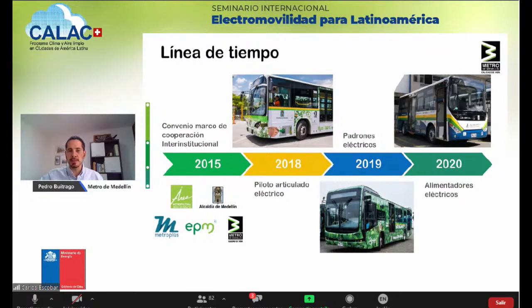The municipality of Medellin decided to continue supporting transformation of the public system, and at the end of 2018, they began a process with public funds, once again, to buy 64 electric standard buses and the implementation of a new corridor or a new line of BRTs integrated into the mass system. These buses began operation in December 2019. We are about to celebrate 1 year of operation. On the other hand, we have another important milestone, as I mentioned before in the previous slide.